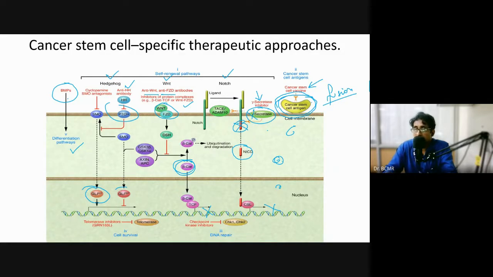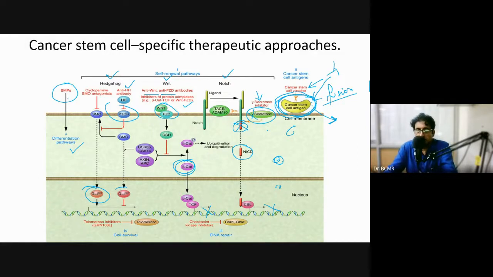When we give it, the individual will raise antibodies against it, and anytime such a cancer stem cell arises, it will be targeted by the immune system and eliminated. But we are very far from it, and in my personal opinion, I doubt we would be able to find any cancer stem cell antigen.